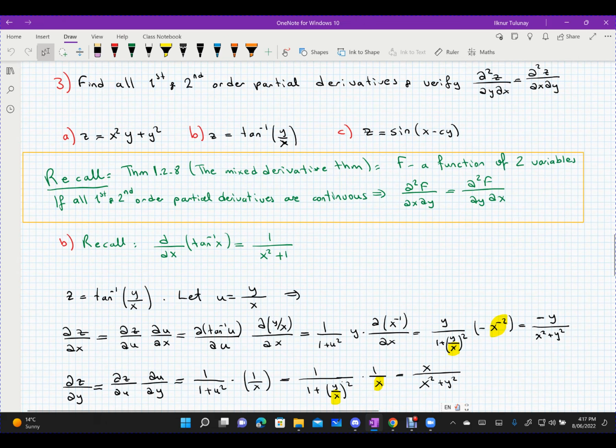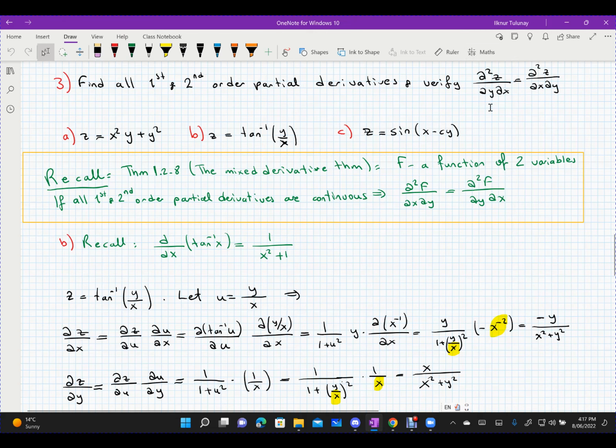At this moment, I would like to remind you of one important fact that is in your lecture notes. It's given as Theorem 128, the mixed derivative theorem. The equality of the partial derivatives d y d x and d x d y may not be the case in general.